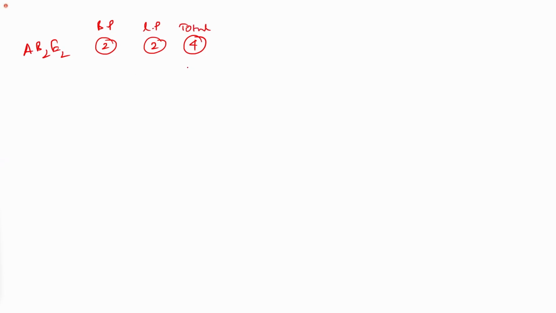When the total is 4, the structure will be A, with a lone pair, another lone pair, and B, B. So it has the tetrahedral structure. But if you see only the 2 bonded electrons, then it is a bent structure.